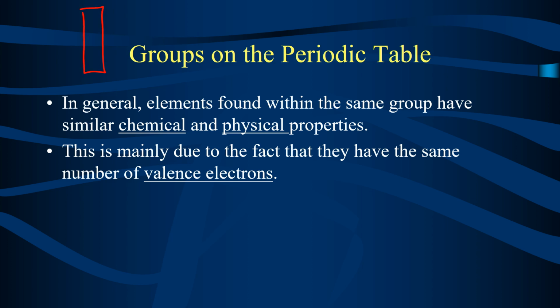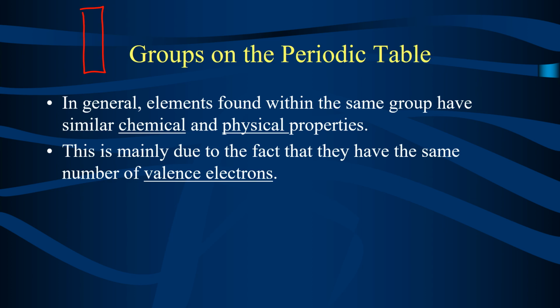The groups are numbered, and they're numbered a couple of different ways. If you look at your periodic table from the reference packet, notice that they have numbers going across, 1 to 18. And then they have these Roman numeral numbers like 1A or 2B. All right. The A groups are considered to be main groups.